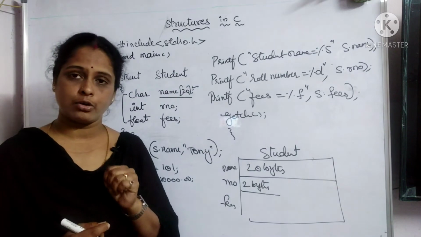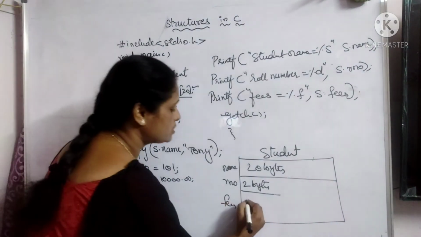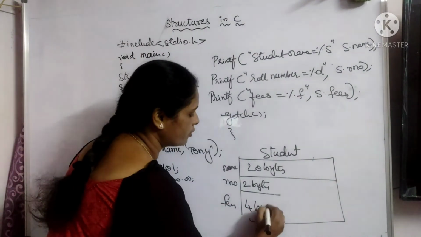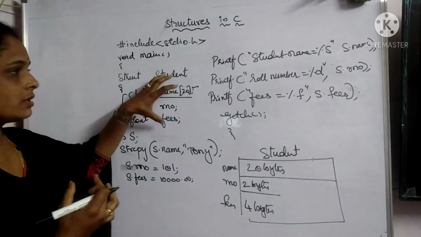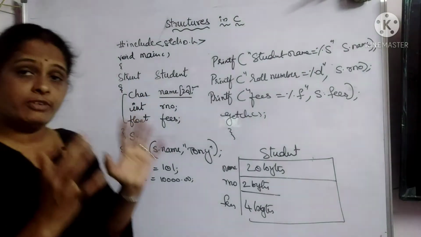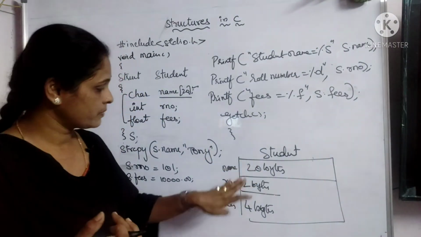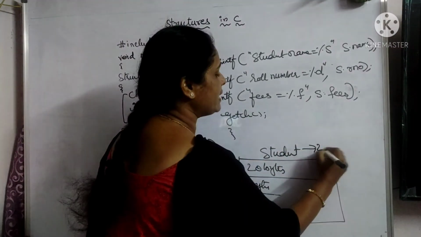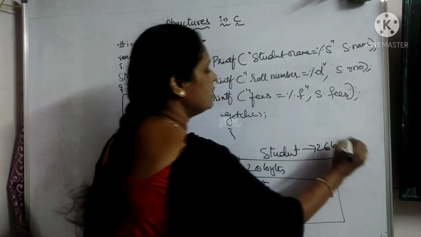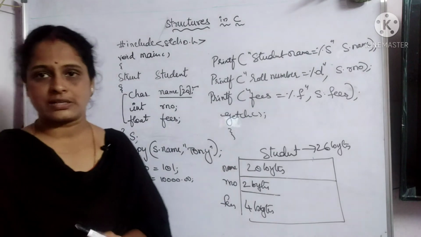So here it occupies 4 bytes of memory. On the whole, how many bytes of memory will this structure student hold? 20 plus 2 plus 4, that is a total of 26 bytes of memory occupied by this structure.